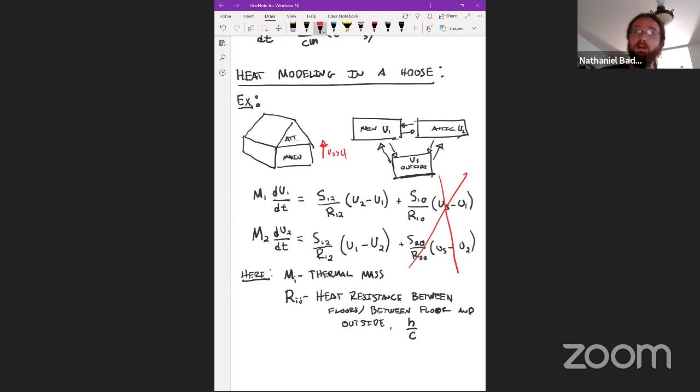And otherwise, the direction of heat flow should be like this, U1 greater than U2. But luckily, these equations actually account for both cases. And similarly, the direction of heat flow between the main floor and the outside, and the attic and outside, respectively, is going to depend on the difference in those temperatures as well.